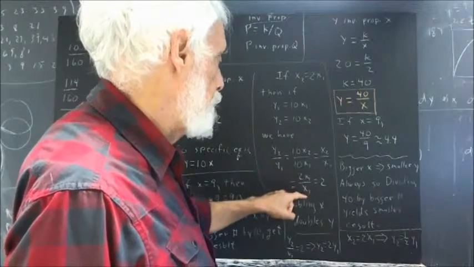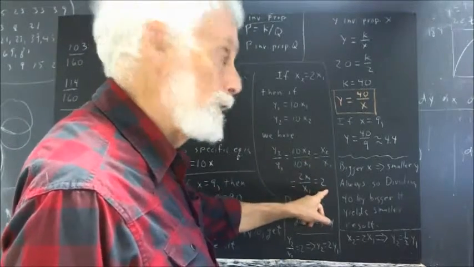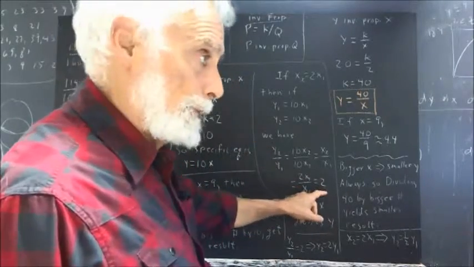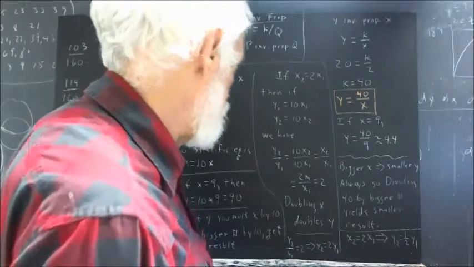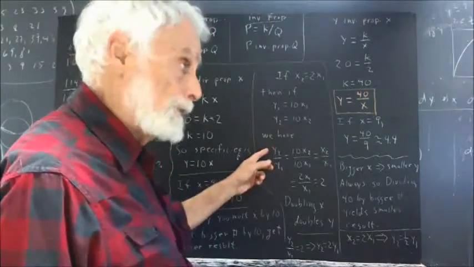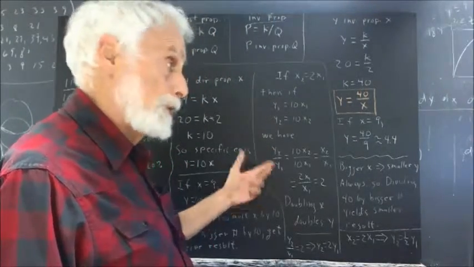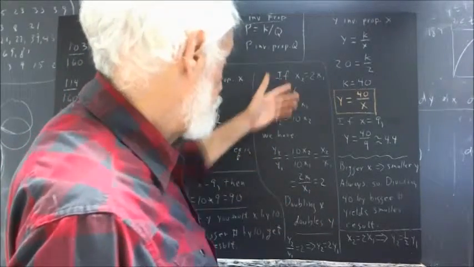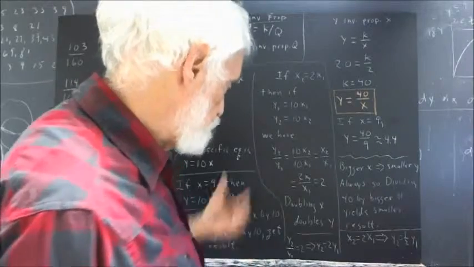And now X1 is divided by X1, leaving you just 2. This says then that Y2 over Y1 is 2, and it's not much of a stretch to see then that Y2 has to be twice as big as Y1. So doubling X doubles Y.